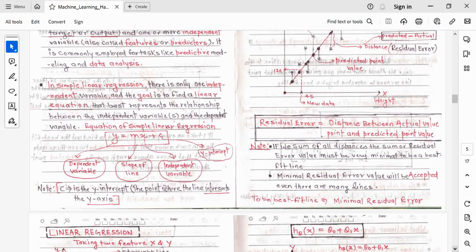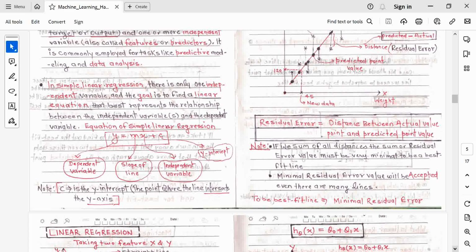From that we have to find the best fit line, and if we add the distances between the best fit line and the residual values, the sum must be minimal to be a best fit line.